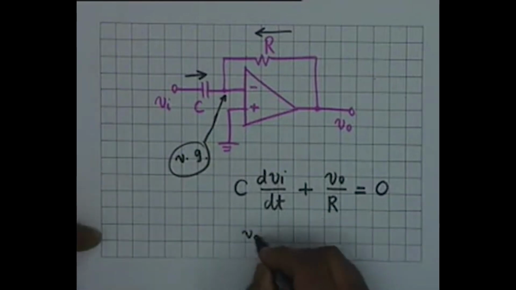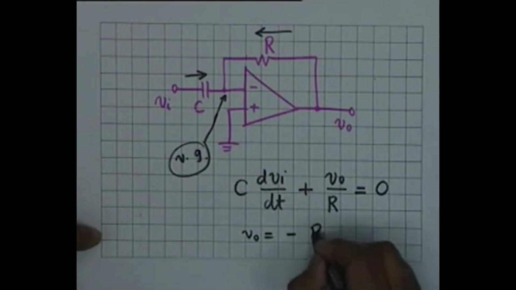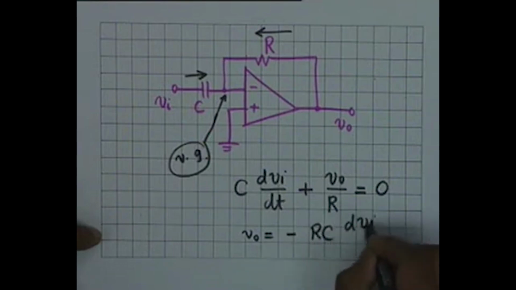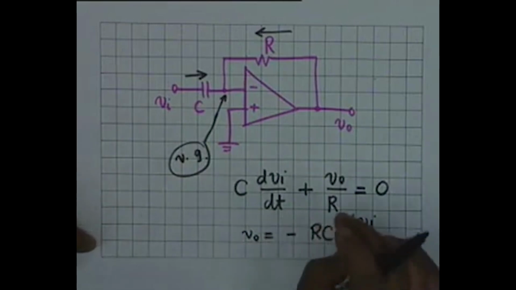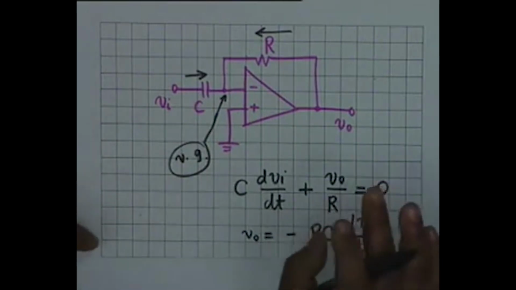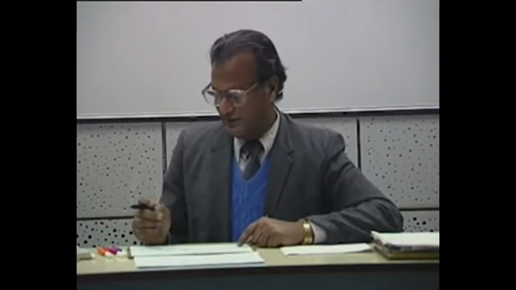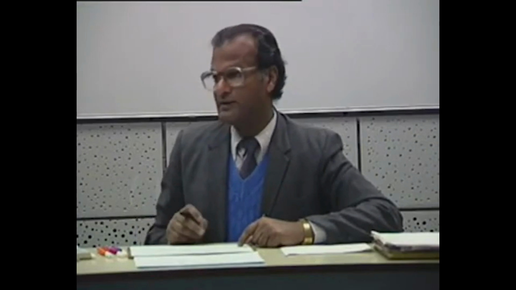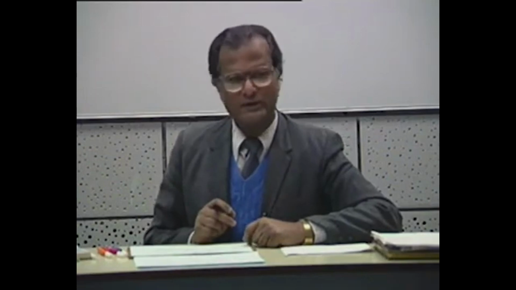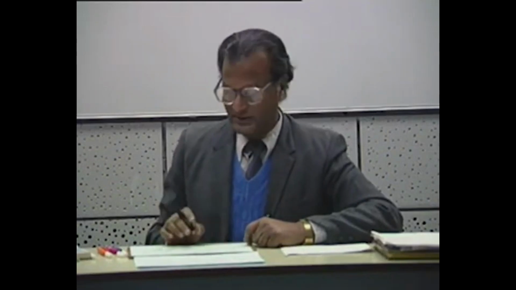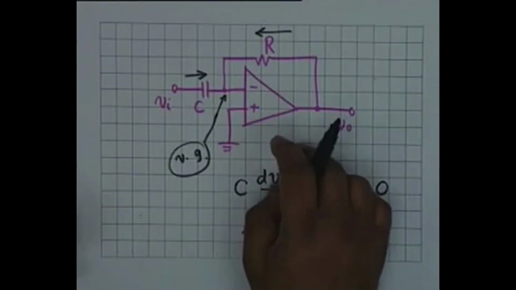And therefore you notice that V0 is simply equal to minus RC dVi/dt, and this does not involve any assumptions whatsoever. It doesn't involve any assumption about the product RC or that the output voltage is much smaller compared to Vi. So this is a better differentiator.